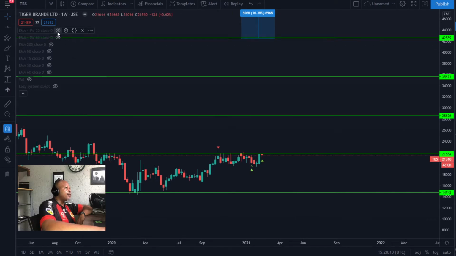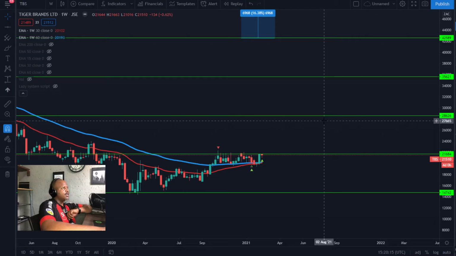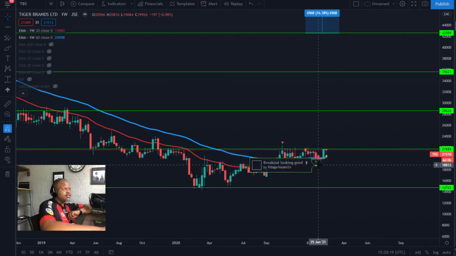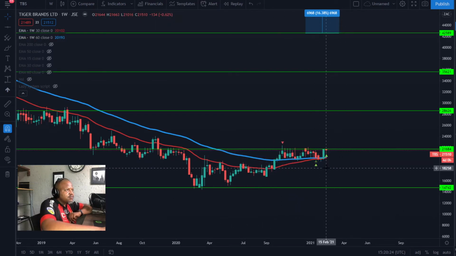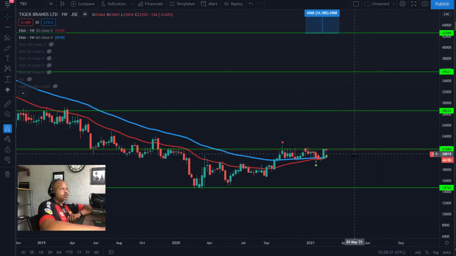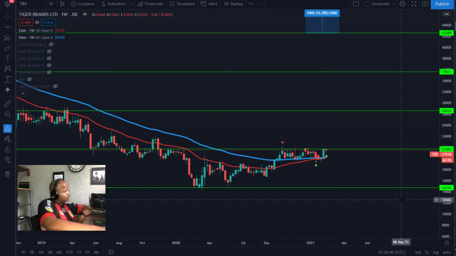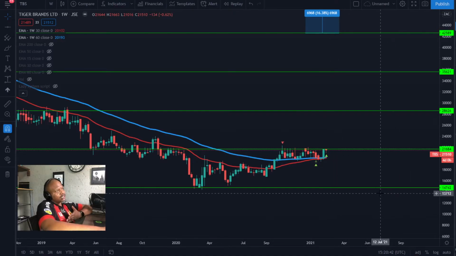If I bring back my 30-week exponential moving average and my 60-week exponential moving average, they look pretty close to crossing, and I'm sure these two would cross as well. I'll put my stop just below 188, those lows there, and if it breaks back into this lower range, I'll get stopped out.